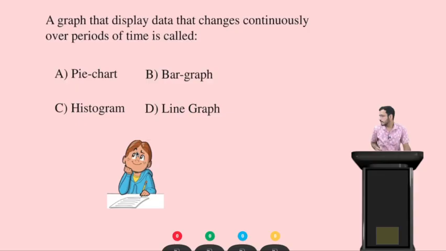Now it's question time, and I have a question for you. A graph that displays data that changes continuously over periods of time is called, and I am giving you 30 seconds. Which option is correct here? Pie chart, bar graph, histogram, or line graph?